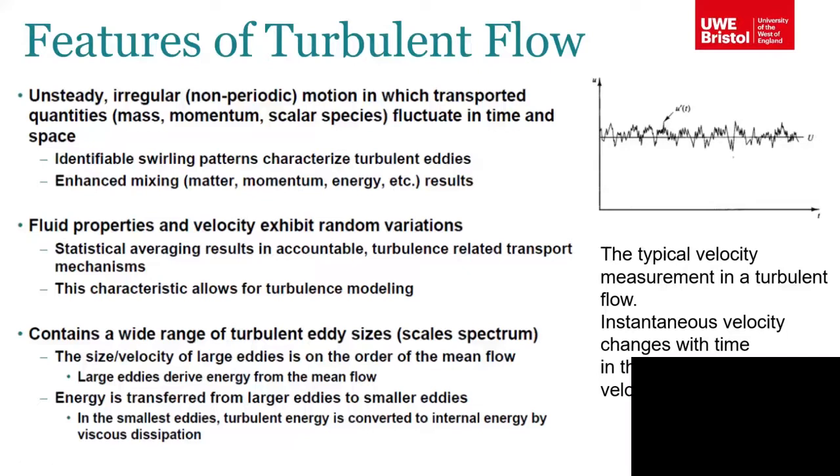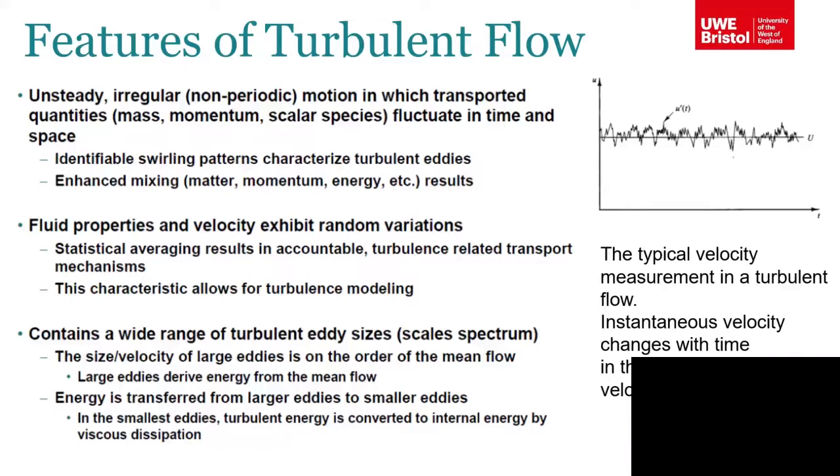Then if you statistically average them, the mean of u prime t, if you calculate the mean of u prime t, what would you get? Not the average velocity, u prime t.